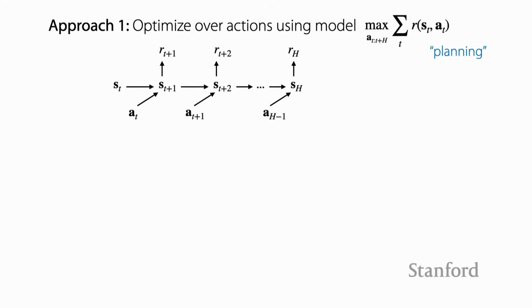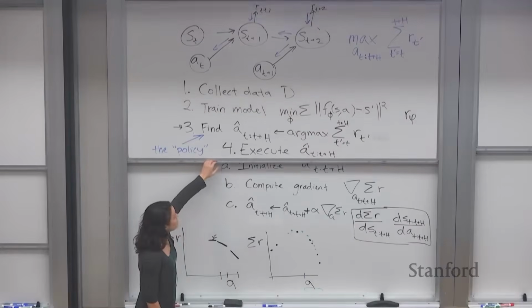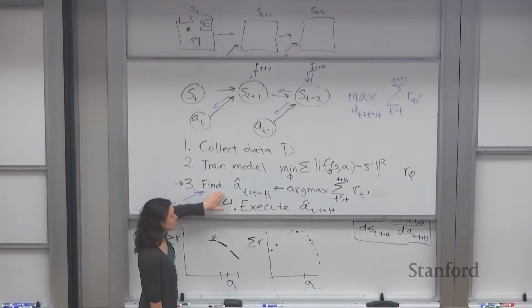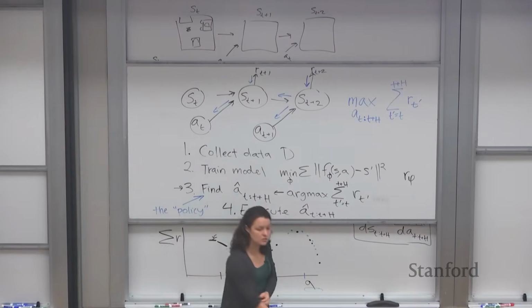Cool. So what the planning approach would look like with a sampling-based optimization is you will still run some policy and train some model like we did in the first two steps, and we'll also be choosing actions that are trying to maximize rewards.